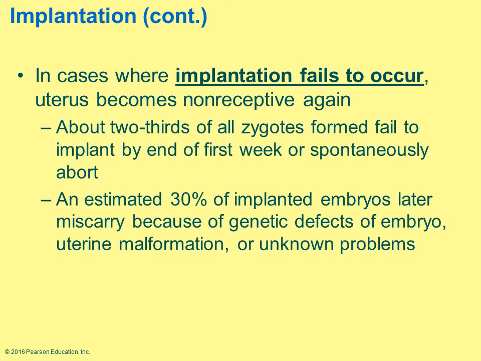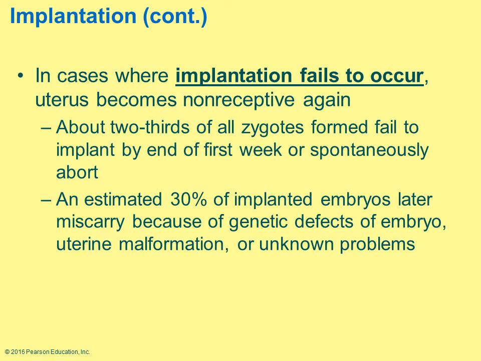If implantation fails to occur, then basically the uterus is not receptive, and essentially what happens is what we call spontaneous abortion. The developing zygote will not be able to implant, and it is released. It's estimated that of those zygotes that implantation does occur, about 30% of them probably are going to miscarry.